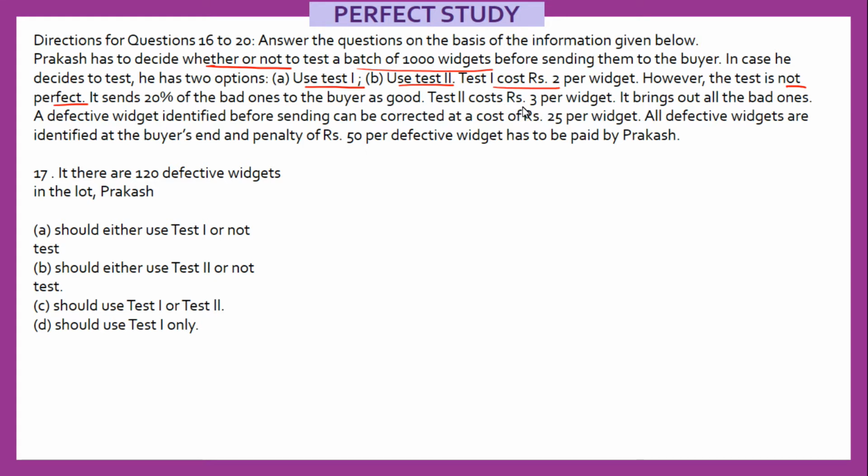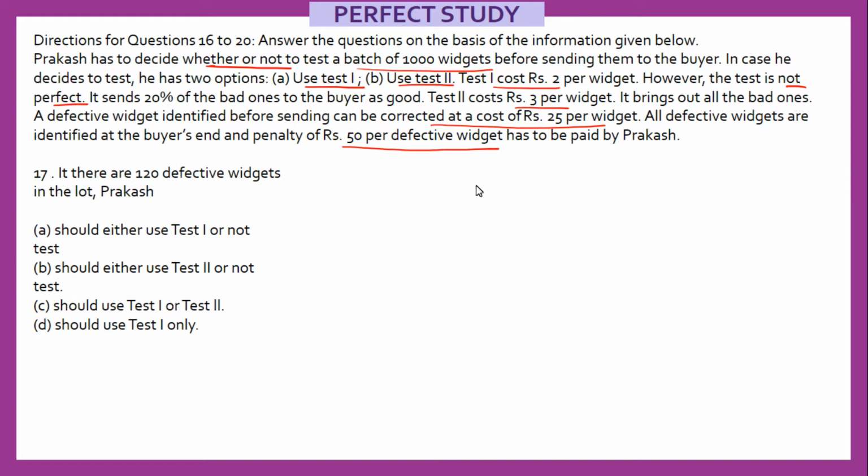Test 2 costs rupees 3 per widget. It brings out all the bad ones. A defective widget identified before sending can be corrected at a cost of rupees 25 per widget. All defective widgets are identified at the buyer's end and a penalty of rupees 50 per defective widget has to be paid by Prakash.